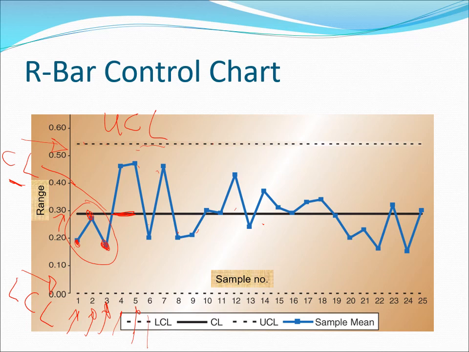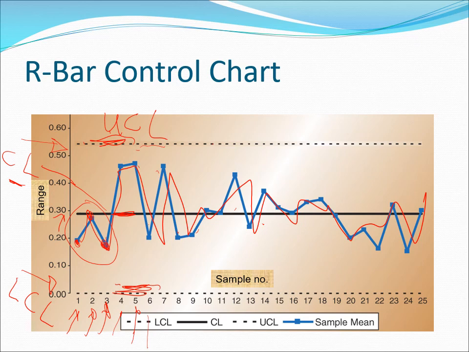Now all the points are within the upper and lower control limits. The lower control limit is 0, and the upper control limit is more than 0.5. So all the points of all the batches are between the upper and lower control limits.